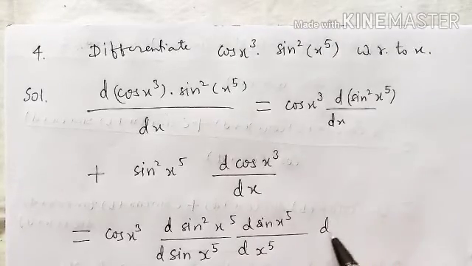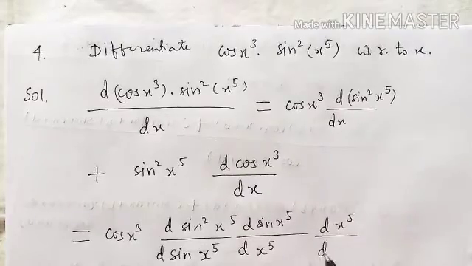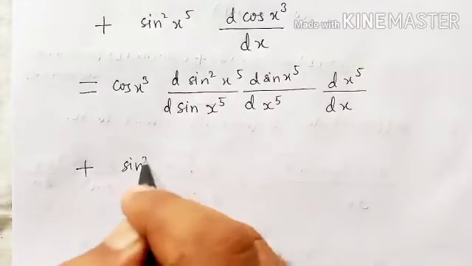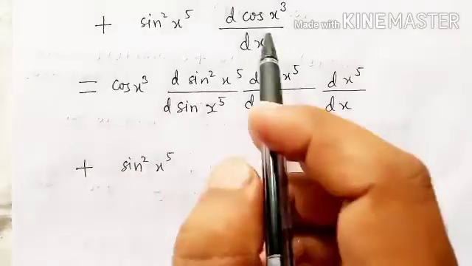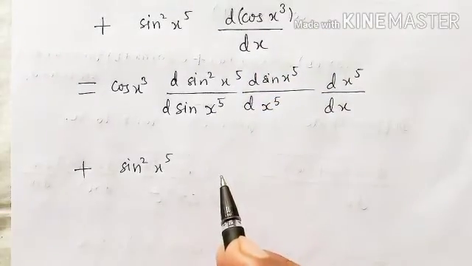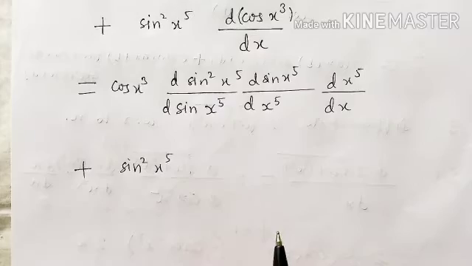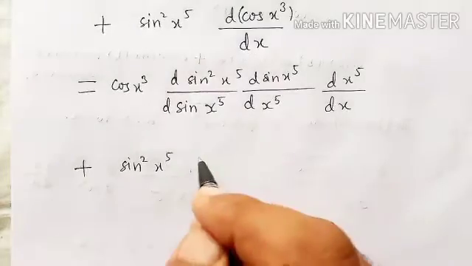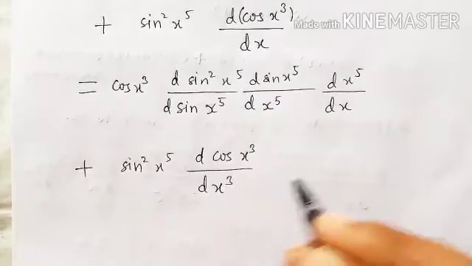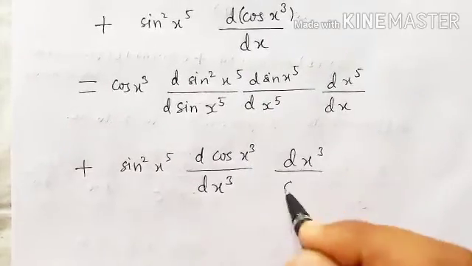Again x to the power 5 is a function of x. Plus sin² x to the power 5. Here cos x³ is a function of x³, and x³ is a function of x.